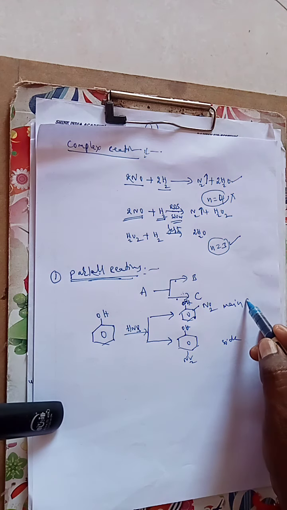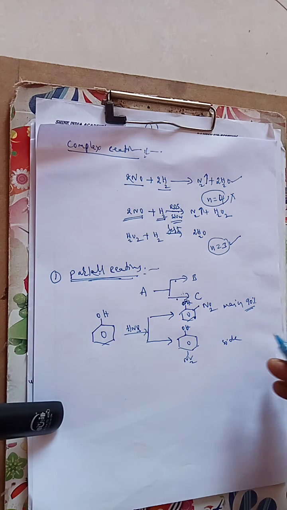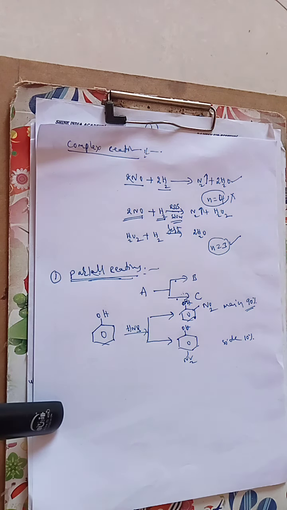In the main reaction the product formation is 90%, and in the other only 10%. That's why this is an example of a parallel reaction.